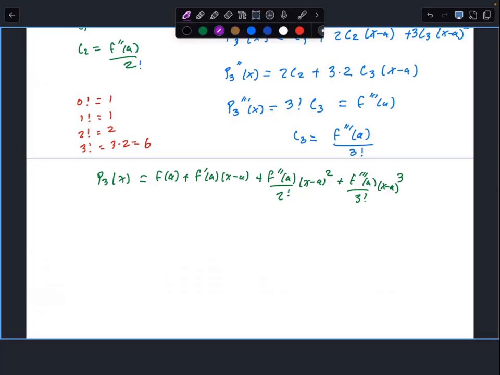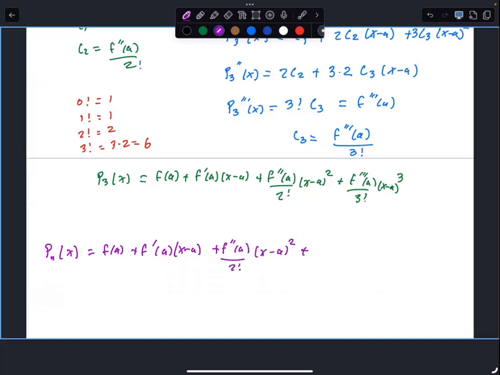So we can use this pattern to actually create a formula for the nth degree Taylor polynomial, which is going to give me f of a plus f prime of a times (x minus a), plus f double prime of a over 2 factorial times (x minus a) squared, plus dot, dot, dot, plus the nth derivative at a over n factorial times (x minus a) to the nth power.